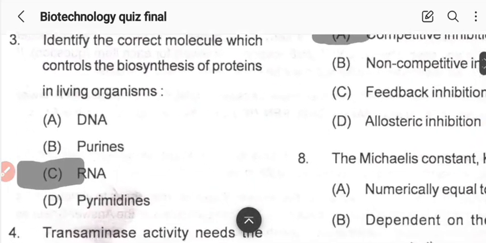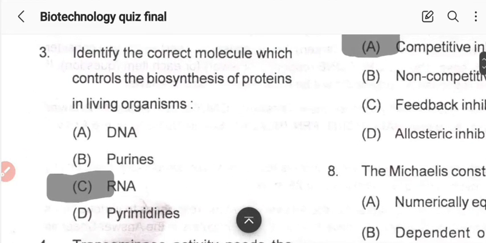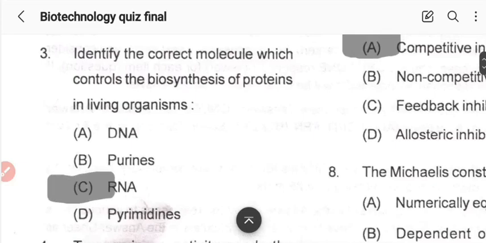Then identify the correct molecules which control the biosynthesis of proteins in living organisms. This is related to operon models, the switch on or switch off of protein synthesis, all these things. So the biosynthesis of proteins is really controlled by mRNA or RNA.